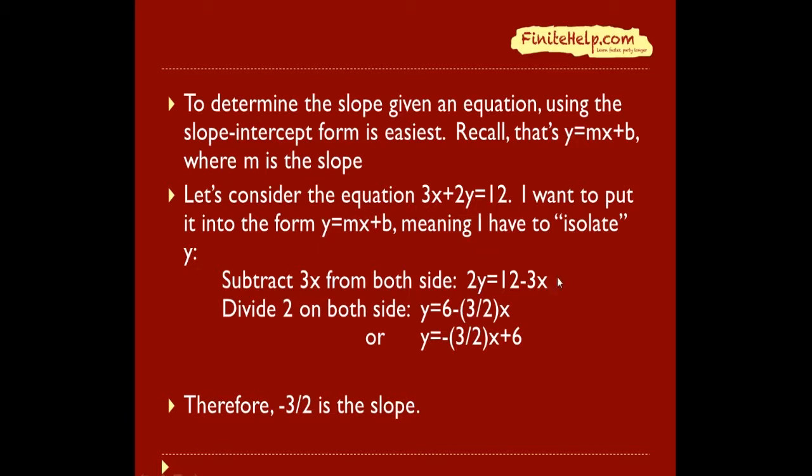First I'm going to move the 3x over by subtracting 3x from both sides. And then I'm going to divide both sides by 2. Rearranging the terms, I have y equals negative 3/2 x plus 6. So negative 3/2 is the m part, and the 6 is the b part. m is the slope, so therefore negative 3/2 is our slope.